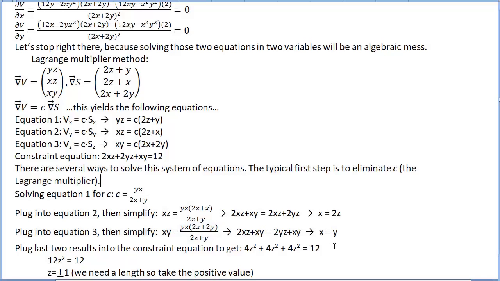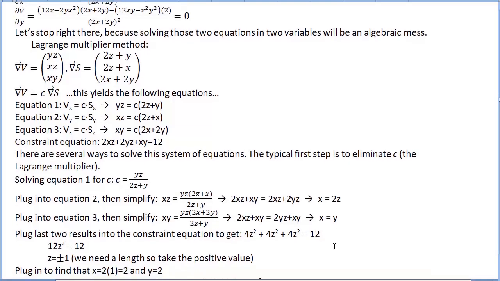Now remember that in the original problem we're trying to find lengths on these sides, so we're going to take the positive value. So z equals positive 1, and then from that we know that x equals 2 and y equals 2. Plugging it back into the equations that we had before.